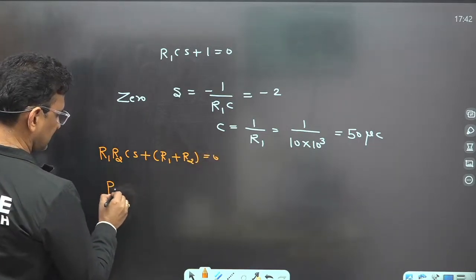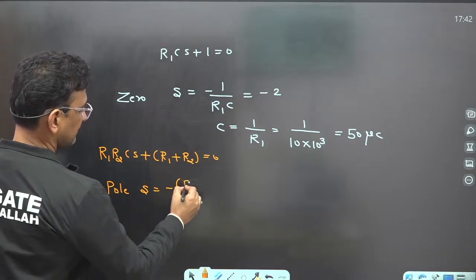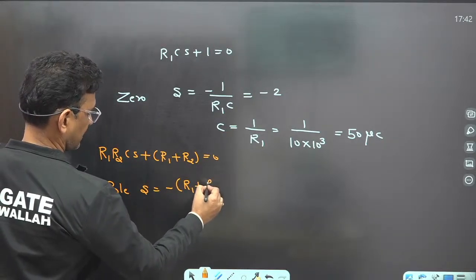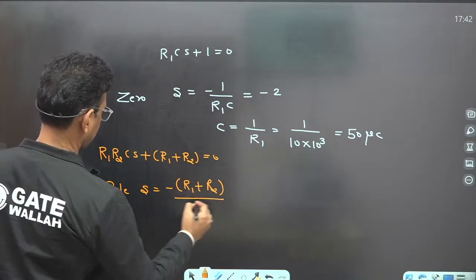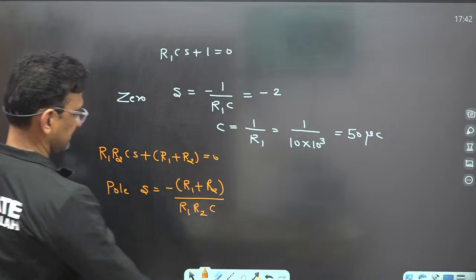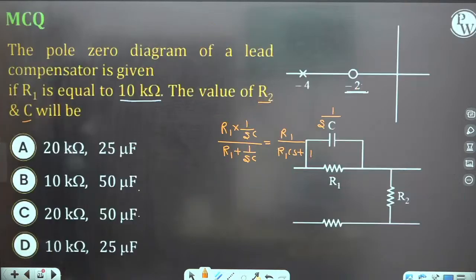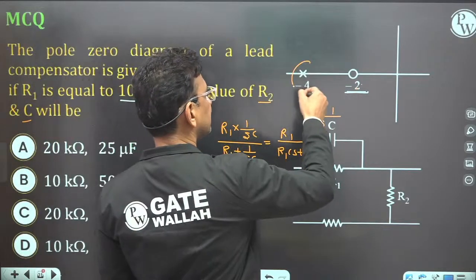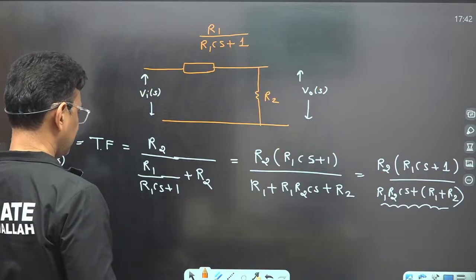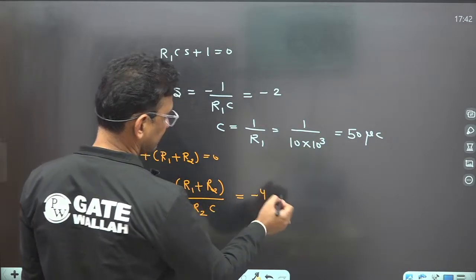So the pole is lying at minus (R1 plus R2) upon R1 R2 into C. Clear? And what is the exact location of the pole? The exact location of the pole is minus 4. So its value should be minus 4 only.